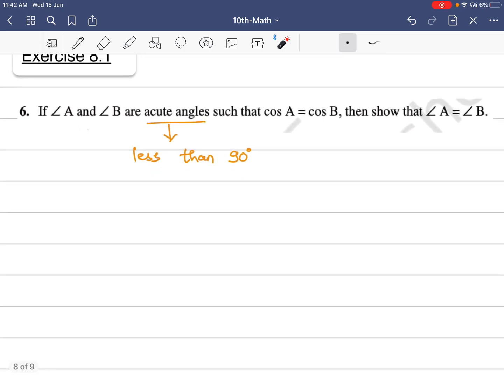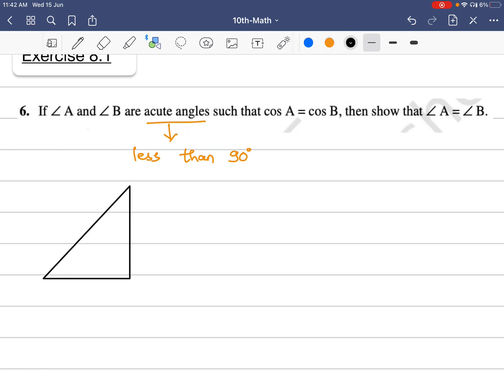So to represent this given information in a diagrammatic form, let us take a right angle triangle. Let this be a right angle, which is 90 degrees, at B. So very clearly A and C here are going to be acute angles, because the summation of the three angles of a triangle is equal to 180 degrees.